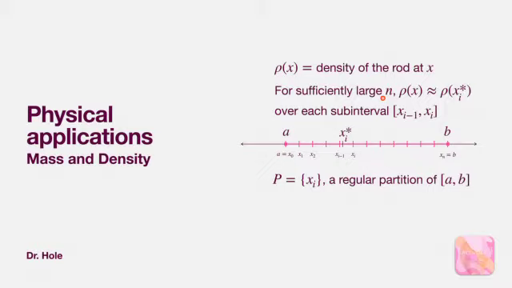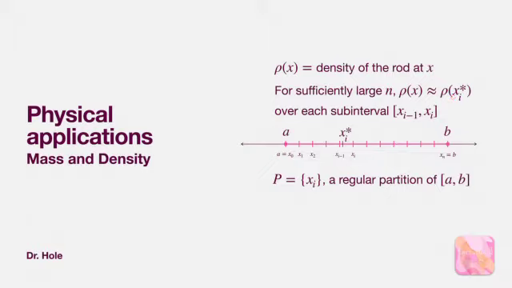Take the partition fine enough, take n sufficiently large, such that if we pick any point in the representative ith interval, the values of the density function are all nearly the value at one single point.